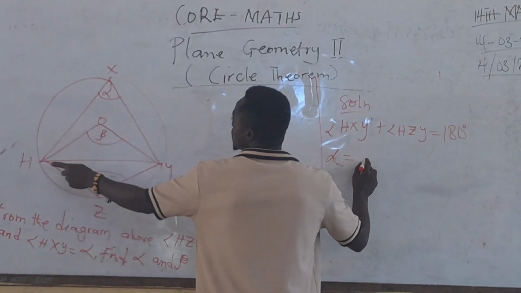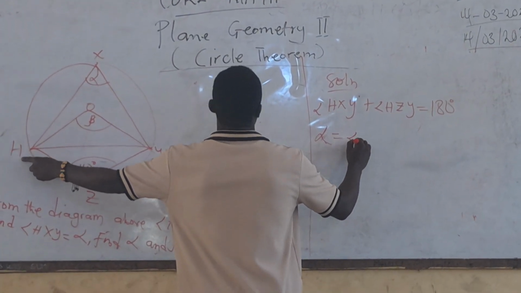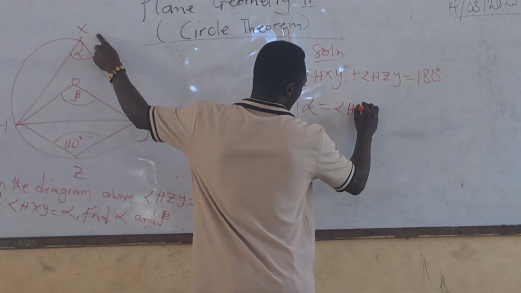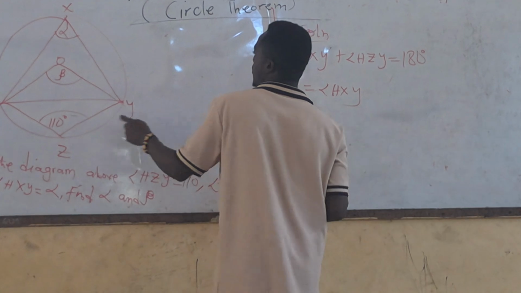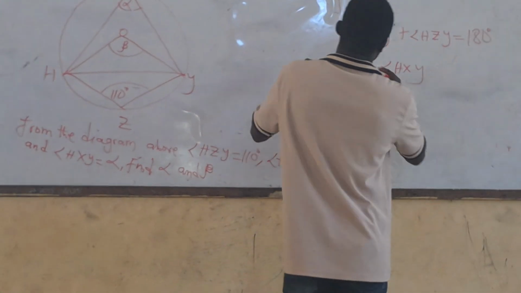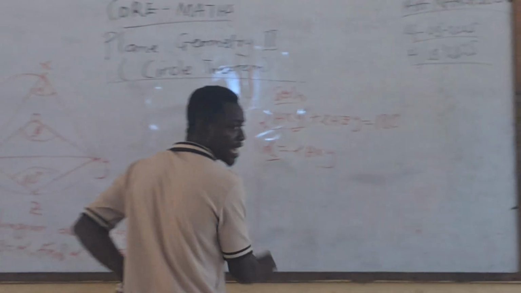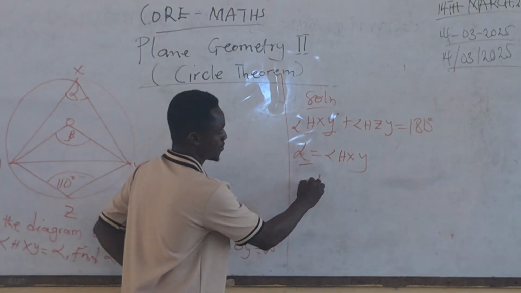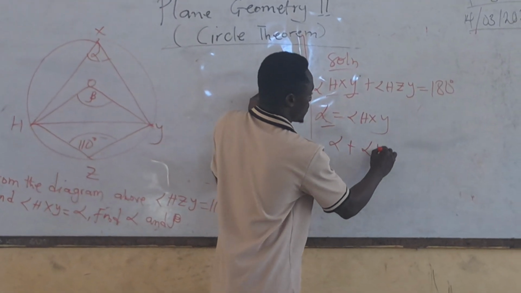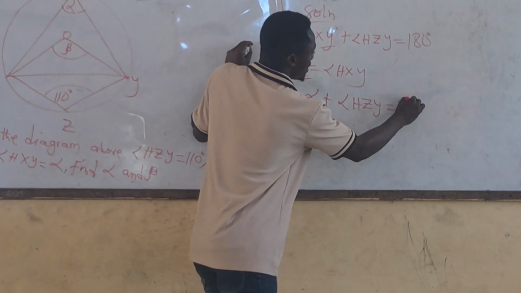Alpha is equal to angle HXY, so in place of HXY, you can put alpha there. So alpha plus angle HZY equals 180 degrees.